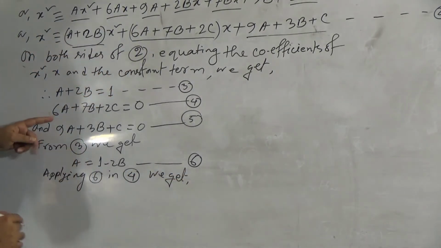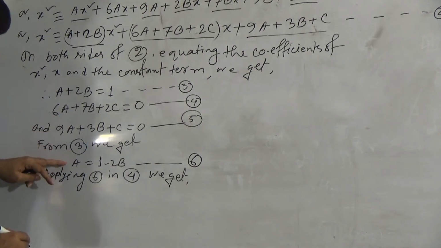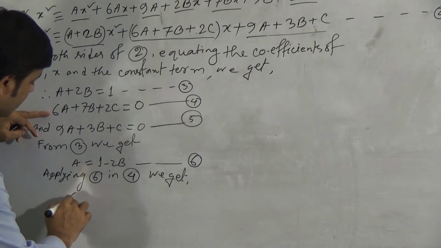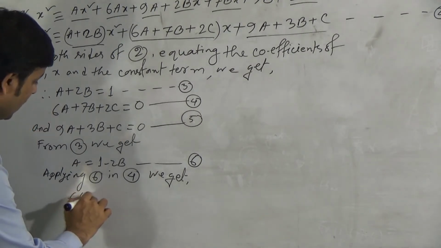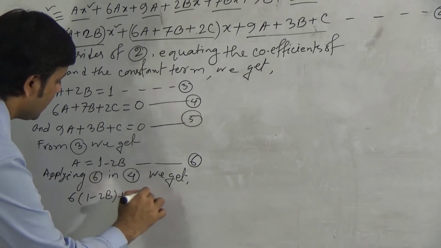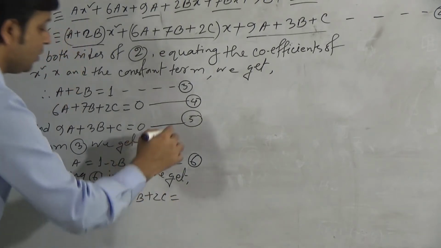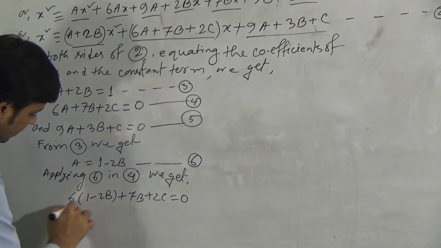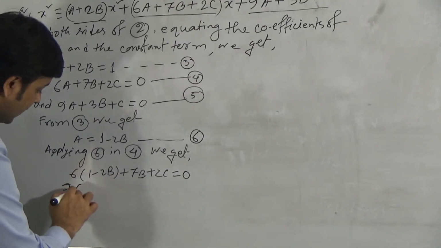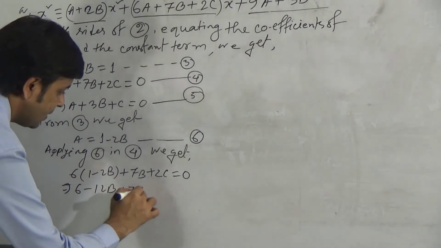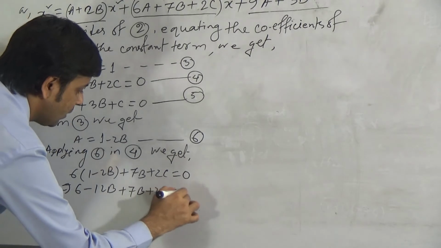So 6 into 1 minus 2b plus 7b plus 2c, that is equal to 0. So now we can calculate here. This will be 6 minus 12b plus 7b plus 2c, that is equal to 0.